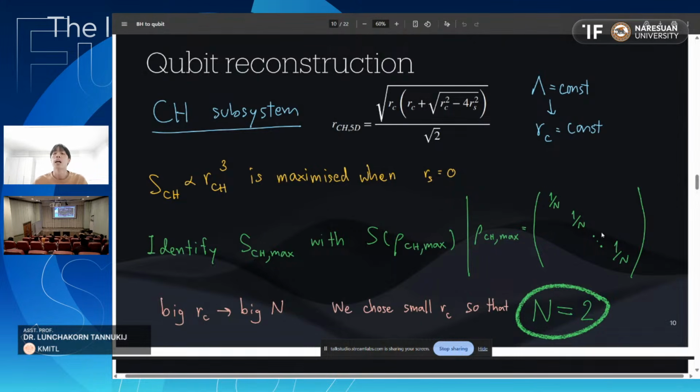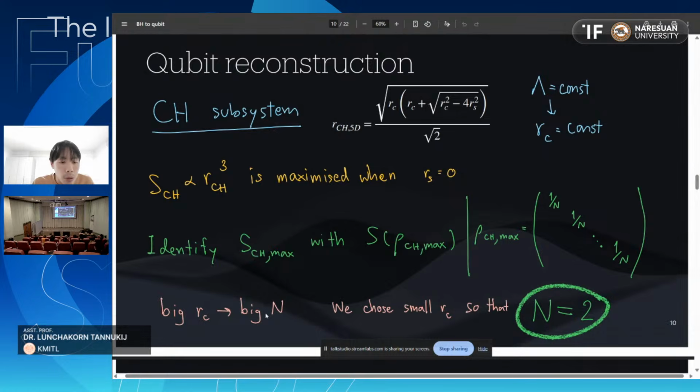So it turns out that if we do that, then we can actually identify the number of states here, the n, the number of dimensions or the number of quantum states. We can identify it with some formula in terms of RC, or actually in terms of the cosmological constant.